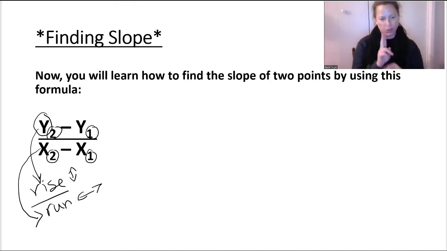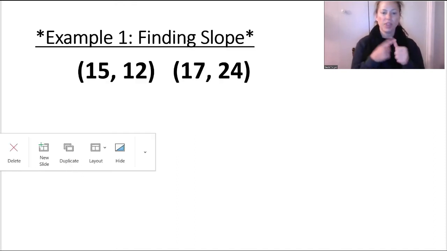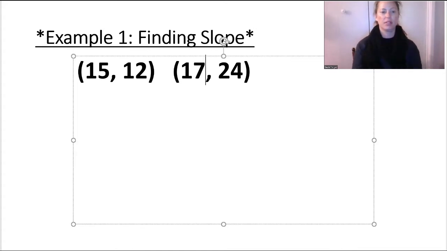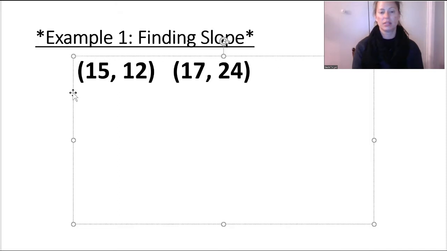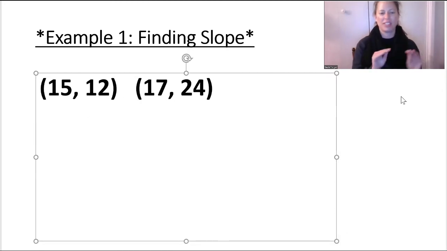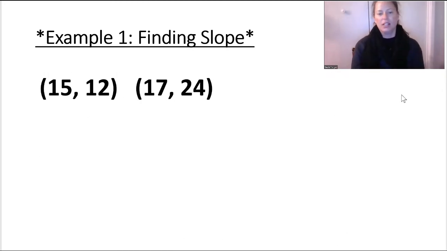So let's go ahead and look at our first example. I'm going to move this over a little so we have a little more room. Oh, for some reason it's not letting me. There we go. So the first thing I'm going to want to do is label this x1, y1, x2, y2.